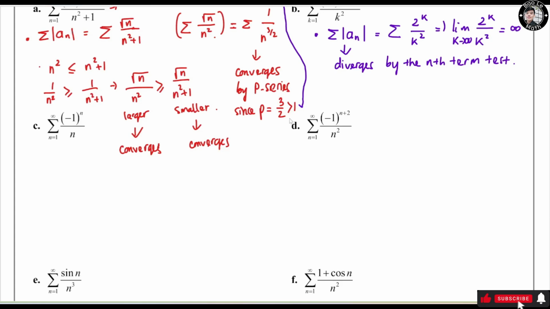So I'm going to use the ratio test, right? So I have the limit of the absolute value of a sub n plus 1 over a sub n when n approaches infinity.